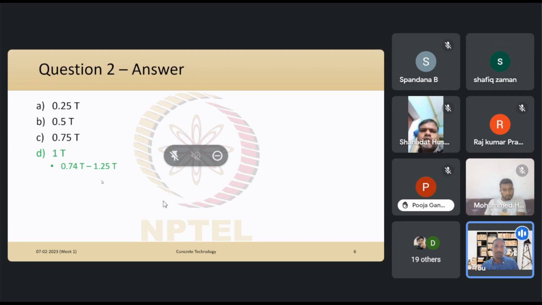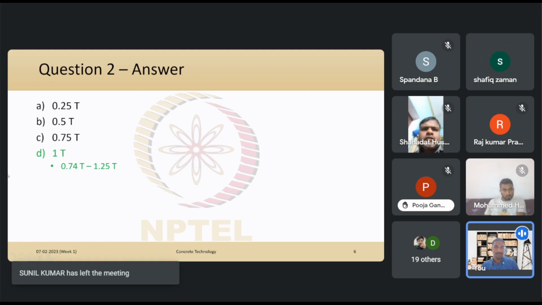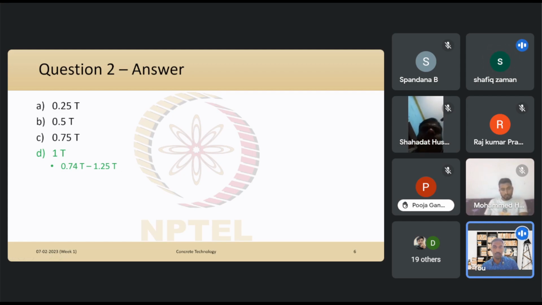And if you look at it, the typical range of carbon dioxide that is released into the atmosphere is in the range of 0.74 tons to 1.25 tons, right? It's not a fixed quantity. It varies depending on the conditions and the fuel that you are using, right? So it is the typical range that we see in the production of 1 ton of OPC, right?